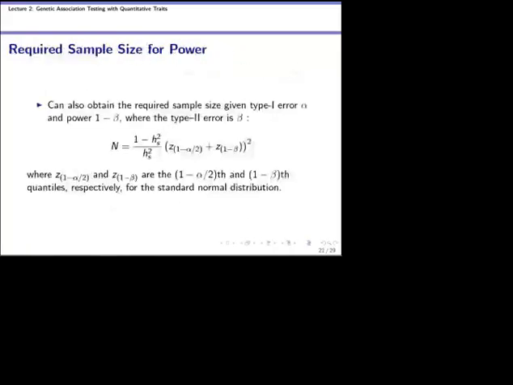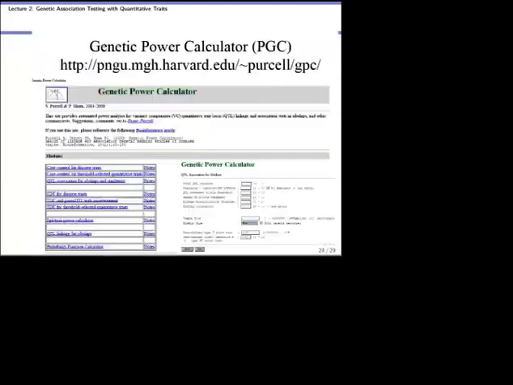If you want to know what sample size you need to detect a power at a certain level, then this is what you use. You can go back to it. There's software that can do that, and this is one of the software packages you can use for calculating power.